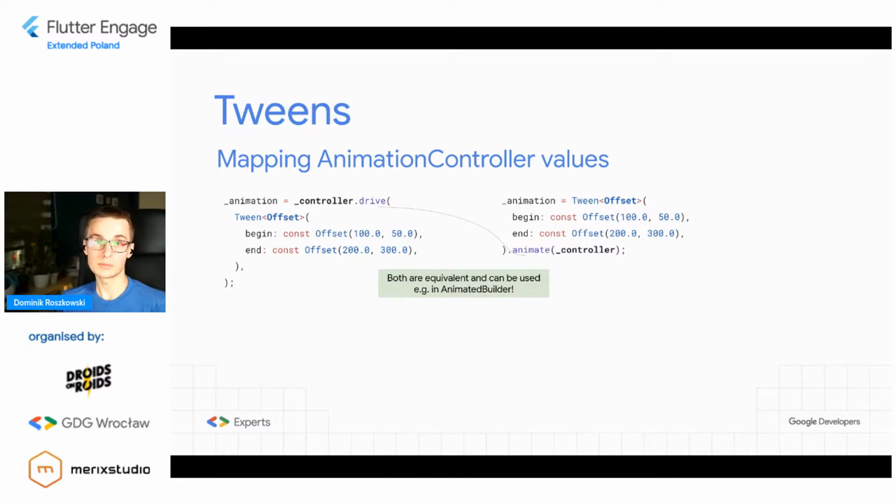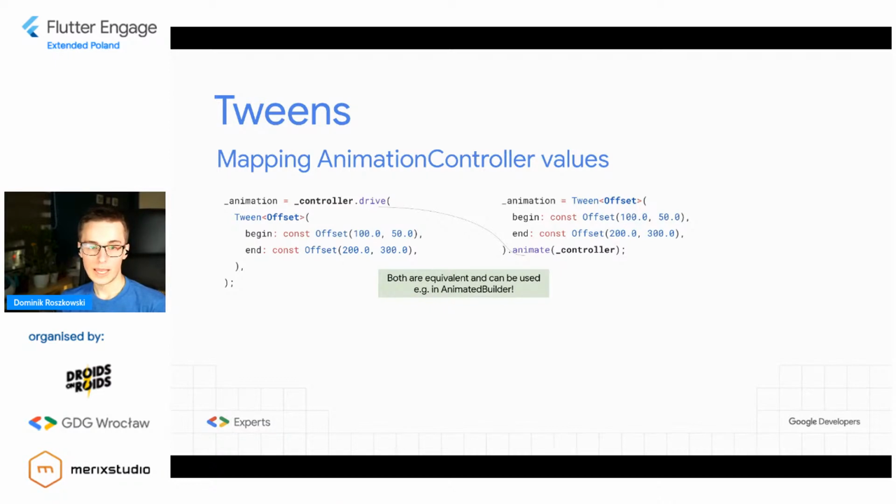They usually have some kind of physics simulation or some kind of behavior applied to them. So for instance, when you open your screen, you have some kind of fast animation at the beginning and slow animation at the end, or something similar.